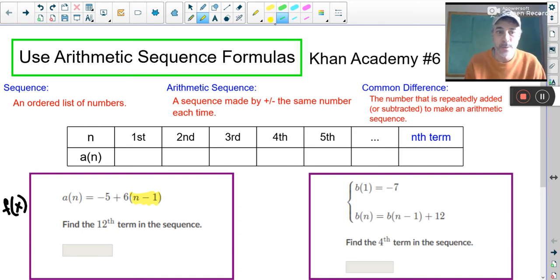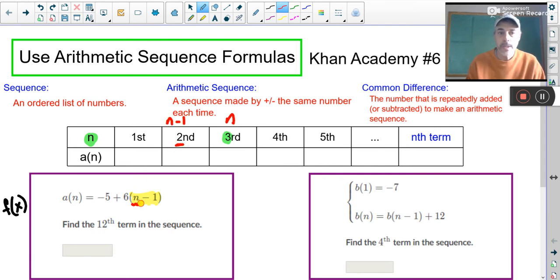And I know that sounds weird, but in this situation up here, if we think about n as being the third term, then you might be able to agree with me that n minus 1 would not be the third term. If this were our nth term, then our n minus 1 term would be our second term.